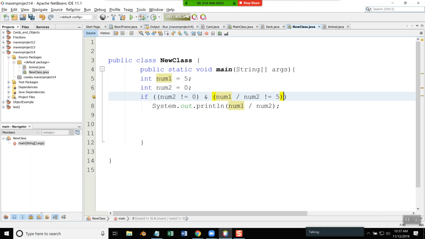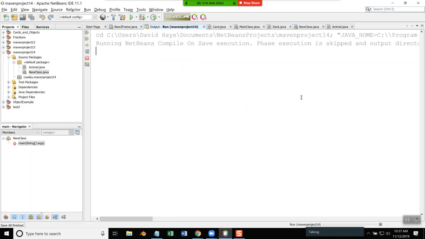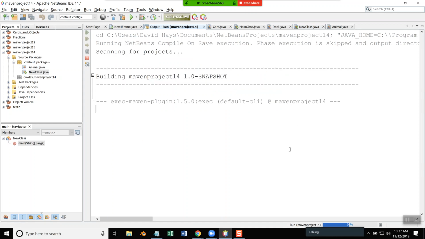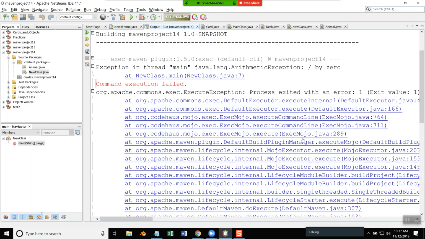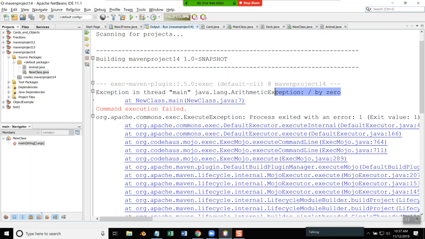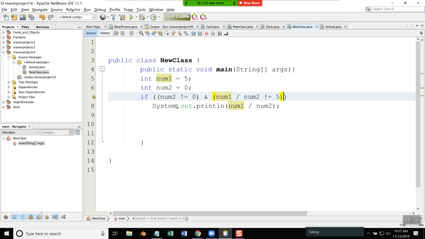Let's run that. We got an error. Division by 0 again. And I don't see why I'm checking it here, but it's going ahead and doing this over here.